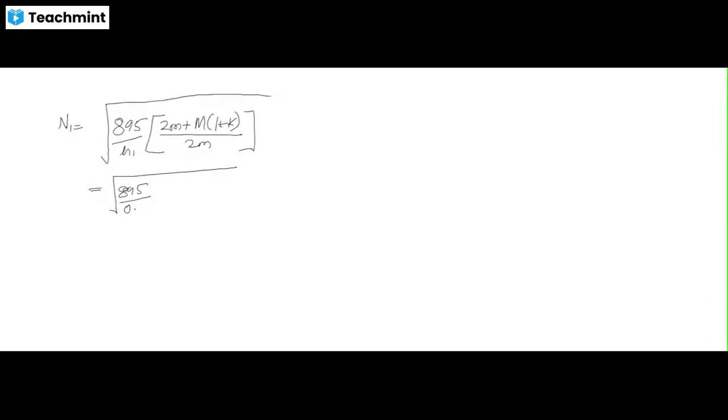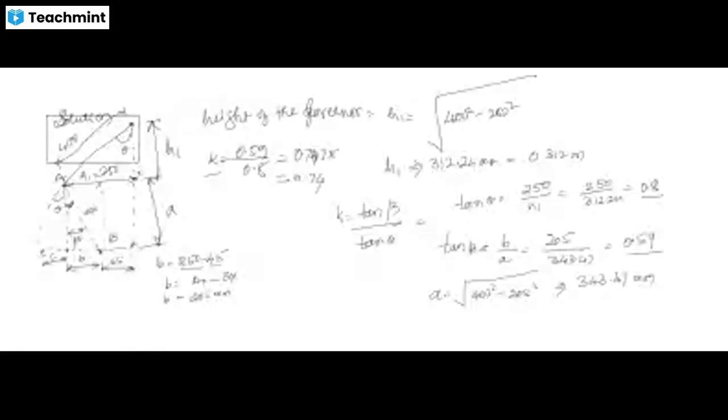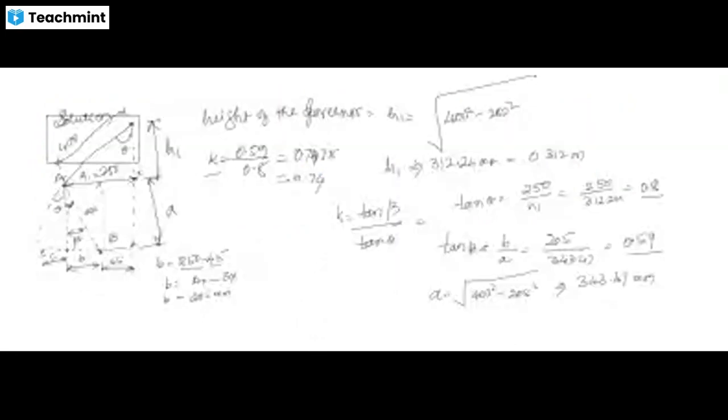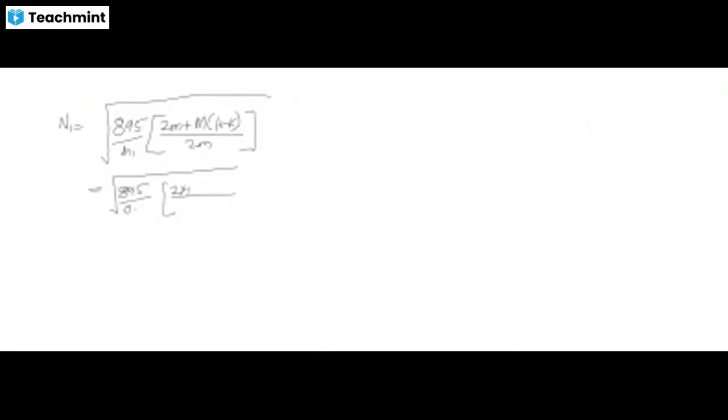Substitute the value of h1. What is the mass? Small m is 10, plus capital M is 60. In bracket 1 plus 0.74, all divided by 2 into 10.